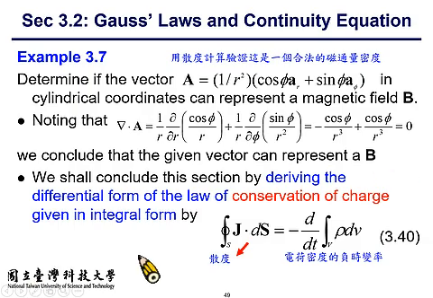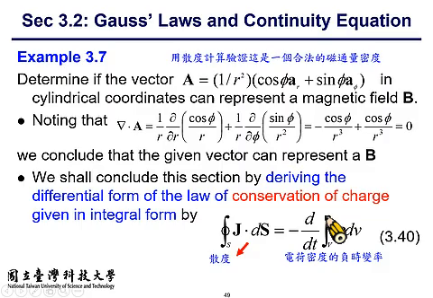The last thing we would like to discuss in section 3.2 is the conservation of charge in the integral form. In the differential form, it is referred to as the continuity equation. We check the integral form first: the closed surface integral of J equals the minus of the time derivative of the volume integral of the electric charge density.